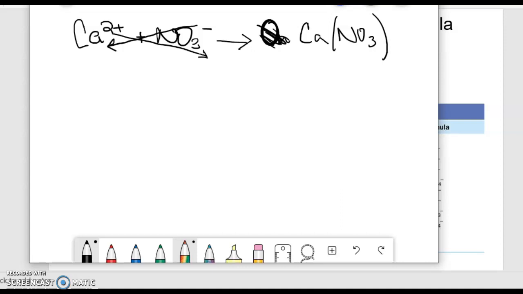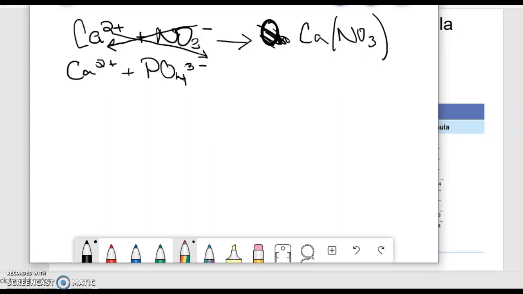All right, let's try another one. Let's try this one. Ca, we'll use calcium again, 2 plus, and PO4 3 minus. Okay, that is phosphate ion. So how will I make this balance? This guy here is just one unit.